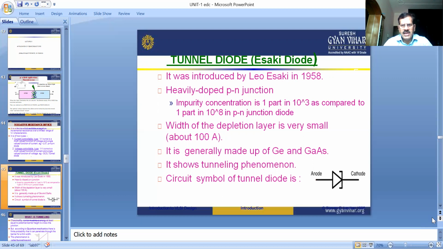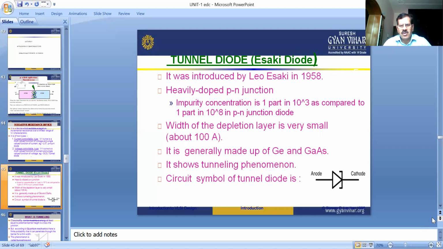The width of the depletion layer is very small in this tunnel diode, about 100 angstrom, and it is generally made of germanium and compound semiconductors, such as gallium arsenide. It shows the tunneling phenomenon.